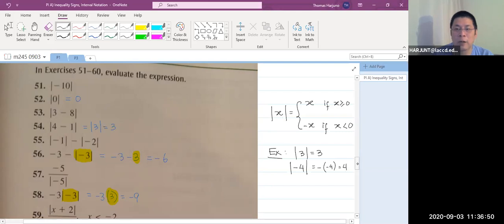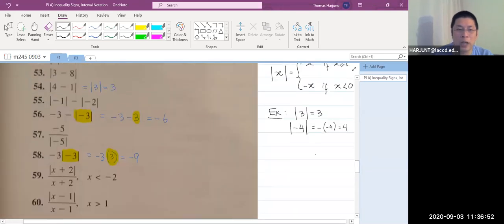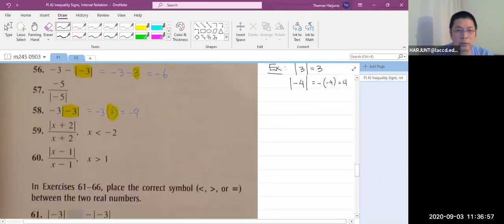Now what happens if we have a question like number 60? Absolute value of x minus 1 over x minus 1 for x greater than 1. We first need to ask ourselves whether x minus 1 is positive or negative.